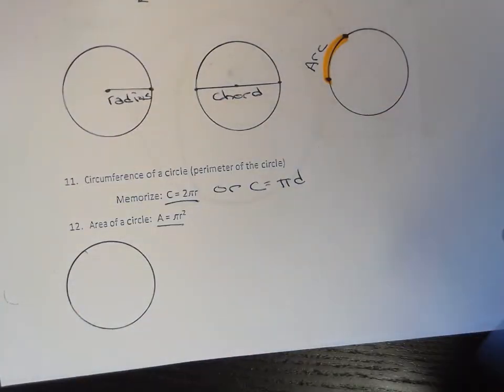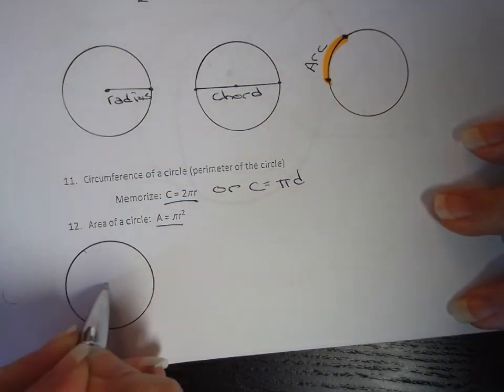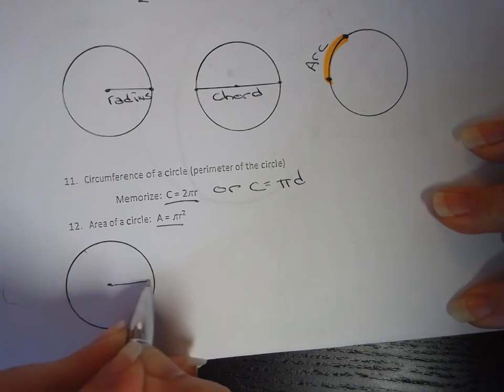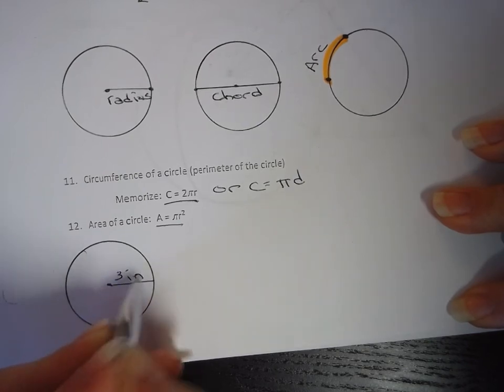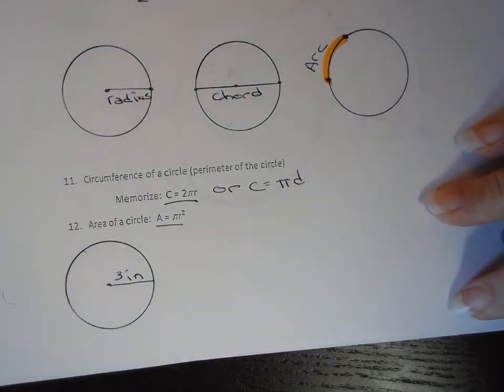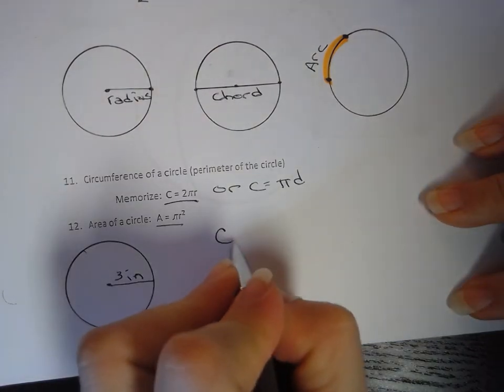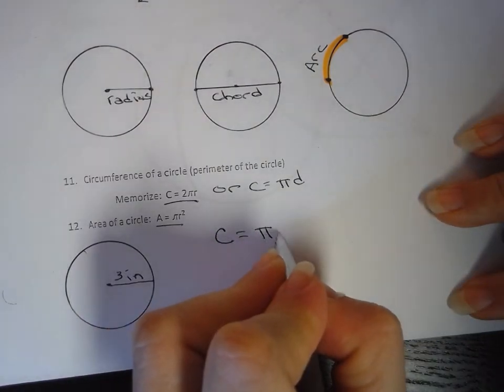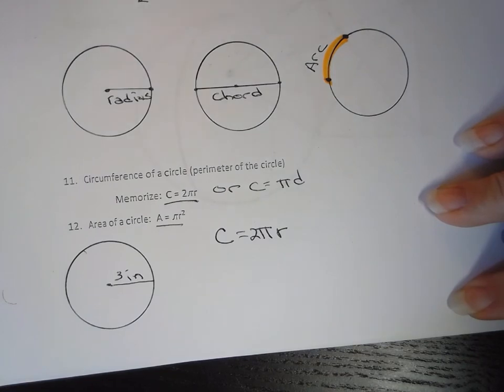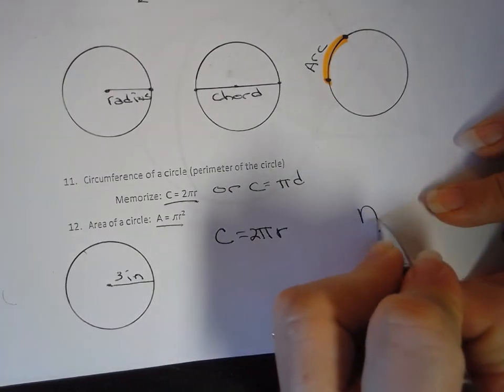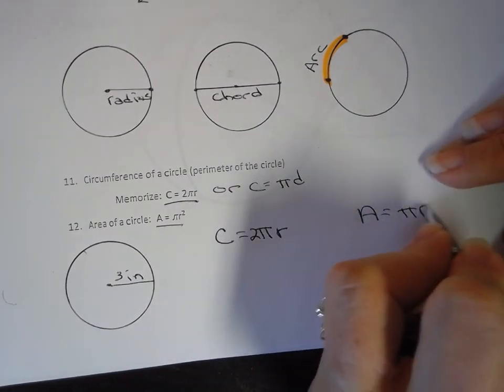So here's my circle, and you're going to be given something. I'm going to give you that the radius is 3 inches, and I want to find circumference and area. So C equals 2 pi r, because we're doing circumference, and area equals pi r squared.